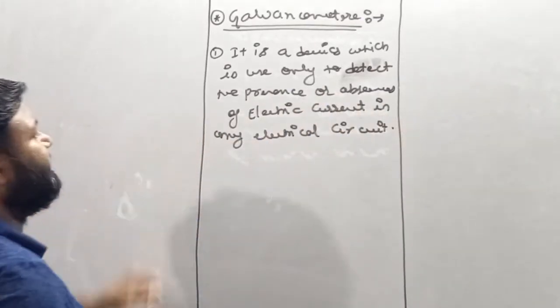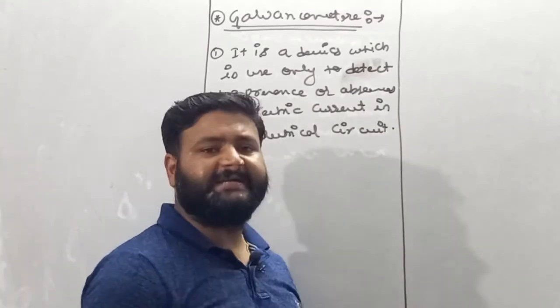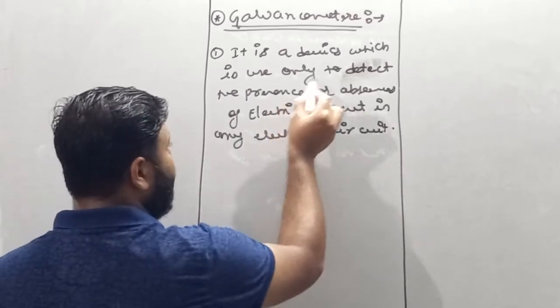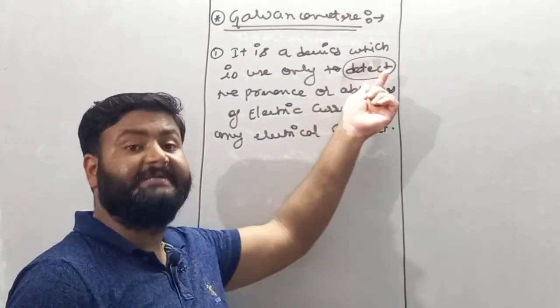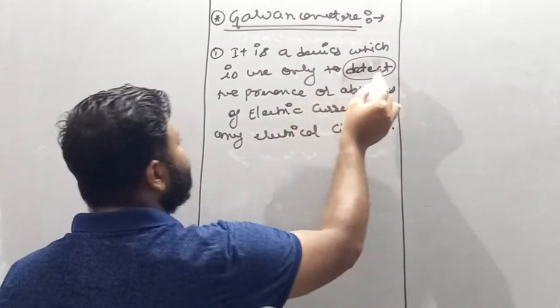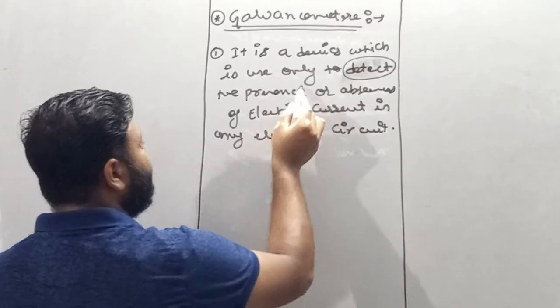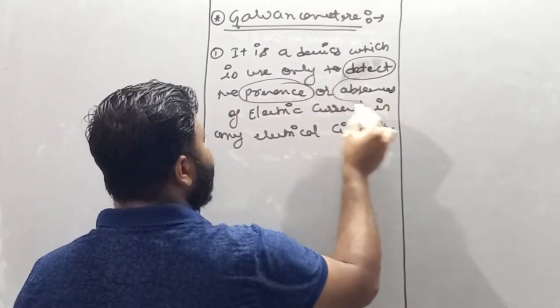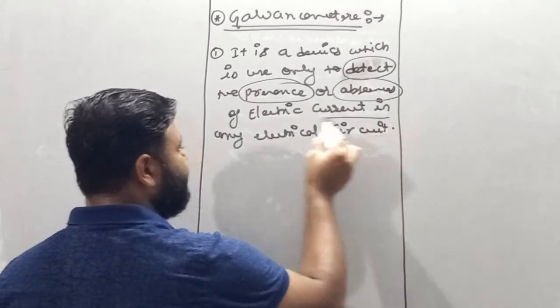Only detect, beta. This is a very important word, detect. It is a device which is used only to detect the presence or absence of electric current in any electrical circuit.